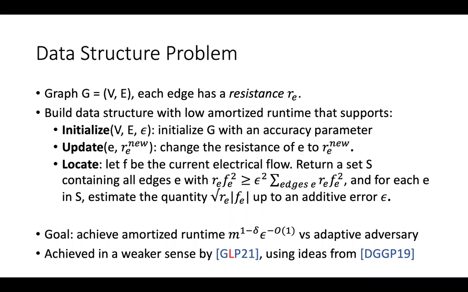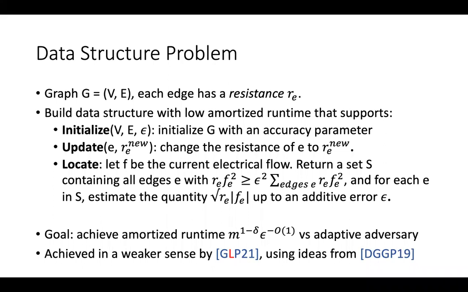This is important in general to apply data structures to algorithmic problems, because the responses of the data structure influence how the algorithm progresses and therefore influences future queries. So we need some data structure for this problem that works against adaptive adversaries.